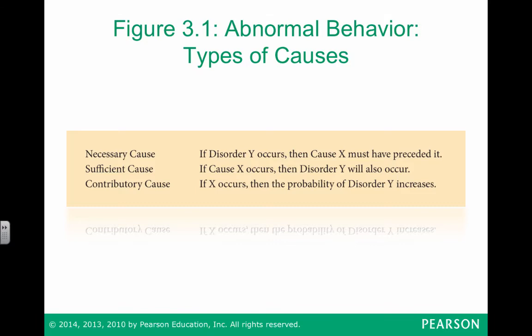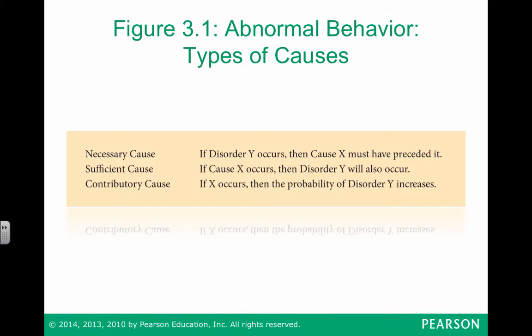So in this case, cause X is sufficient. It's not necessary, but it's enough to cause disorder Y. And then in contributory, think about contributes. If X occurs, then the probability of disorder Y increases because X contributes to the chances of disorder Y increasing.